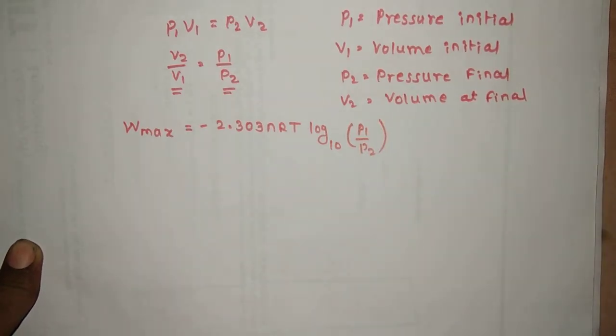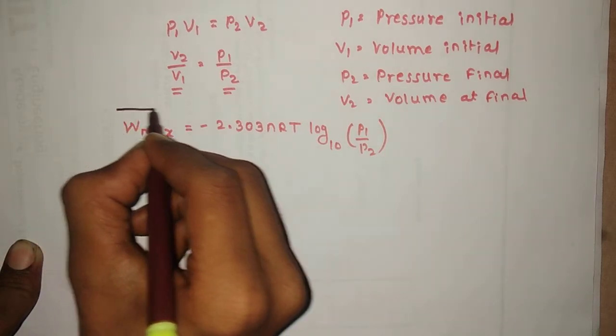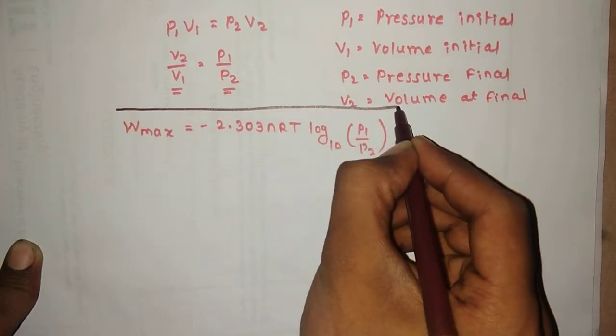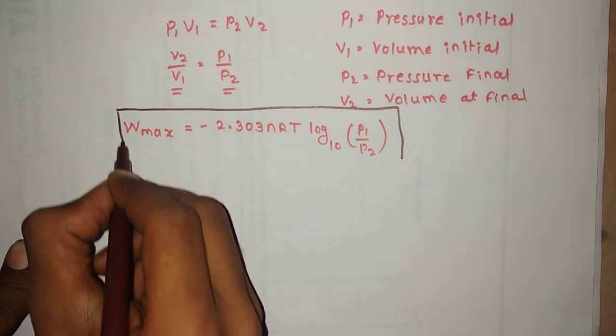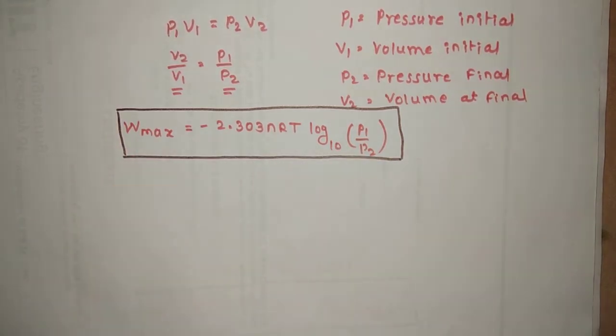In this way we get the expression for the maximum work in terms of pressure at the initial stage and at the final stage. These equations are the basic equations to find the work done, and they are the most important equations which may be asked in the exam.